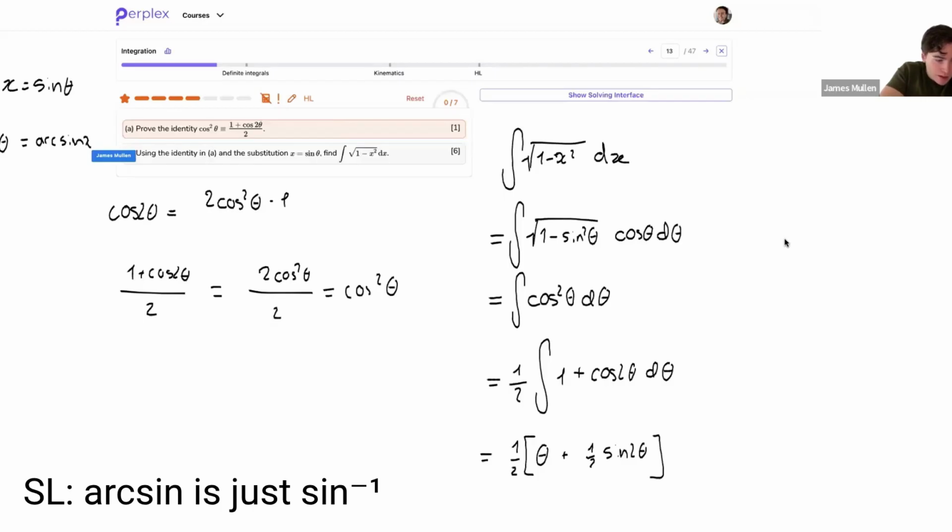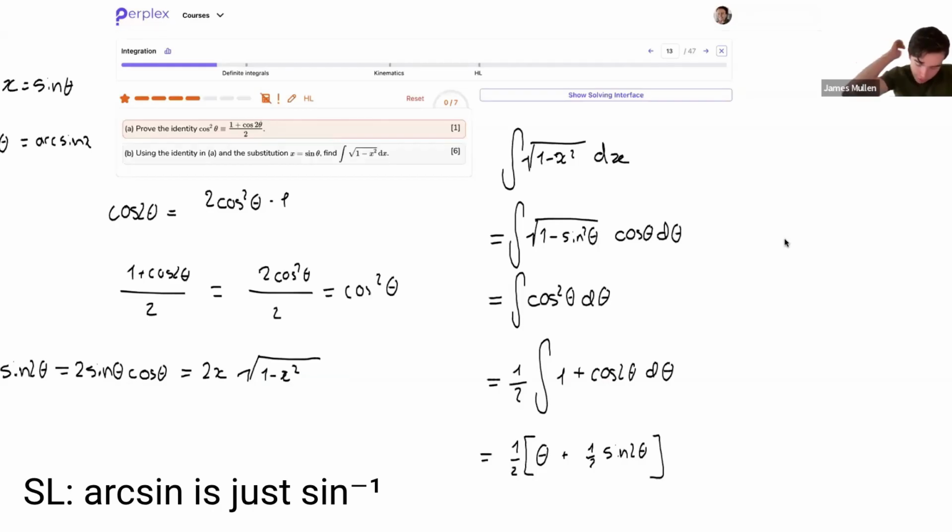That's one thing. And then sine of 2 theta is 2 sine theta cos theta, which is equal to 2x times, because x is sine theta, and cos theta is the square root of 1 minus sine squared, so 1 minus x squared.